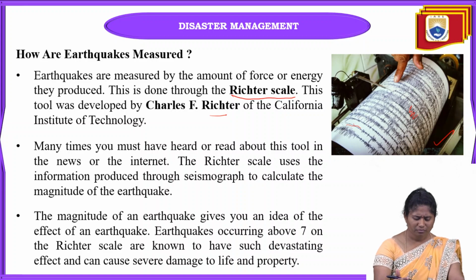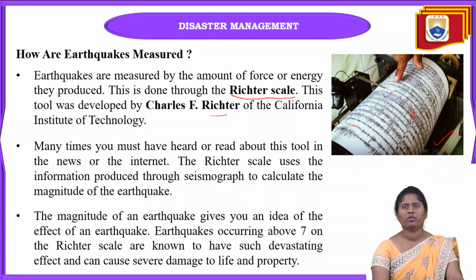We have already heard about the Richter scale, but how do we use it? This scale uses the information produced by the seismograph, and only then can we calculate the magnitude of the earthquake.